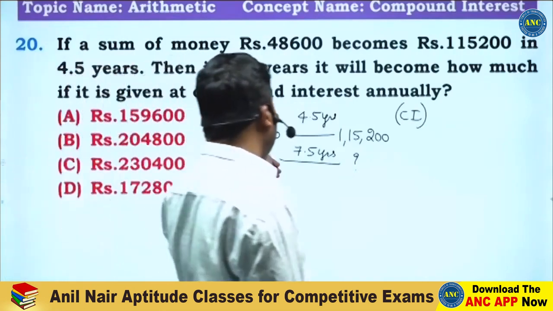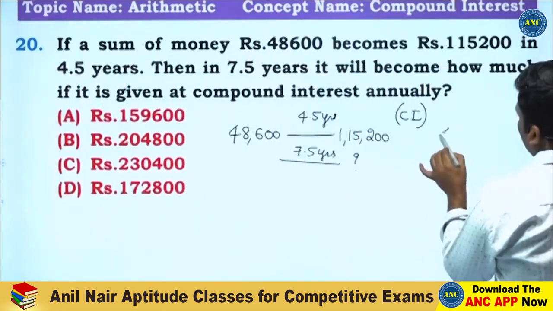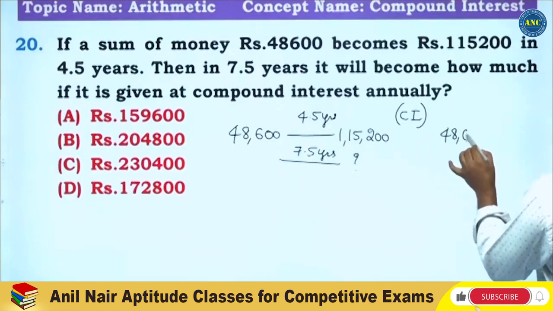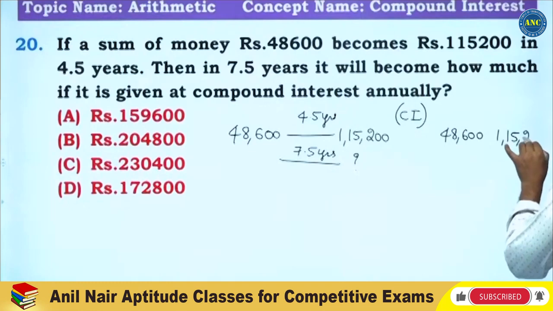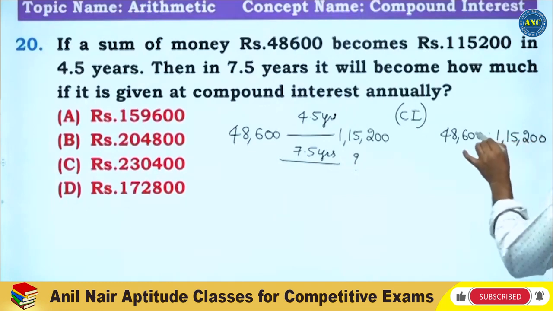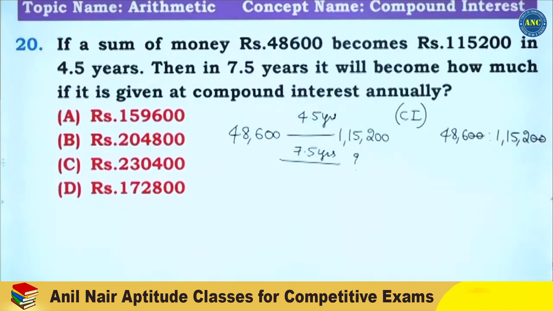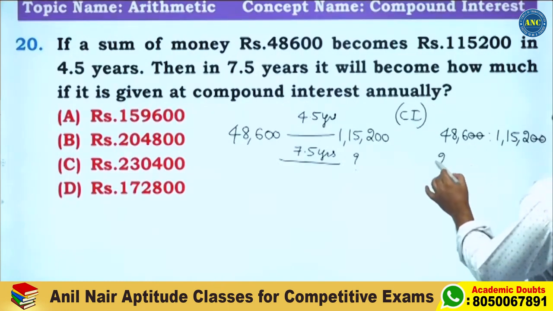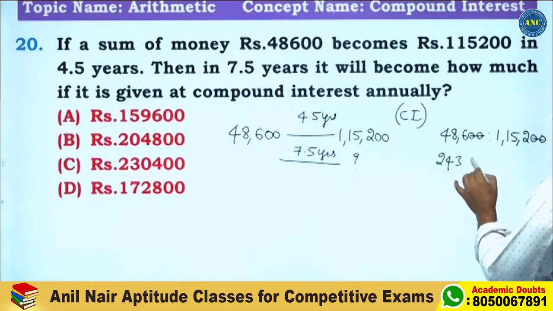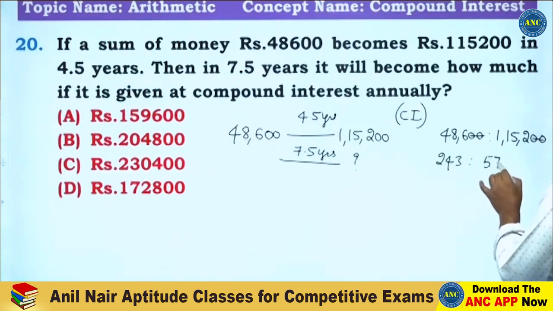Very easy question. First the scaling factor. 48,600, next one is 1,15,200. Cancel the zeros. This is 1152 and 486. Let me divide it by 2. 243 and 576.